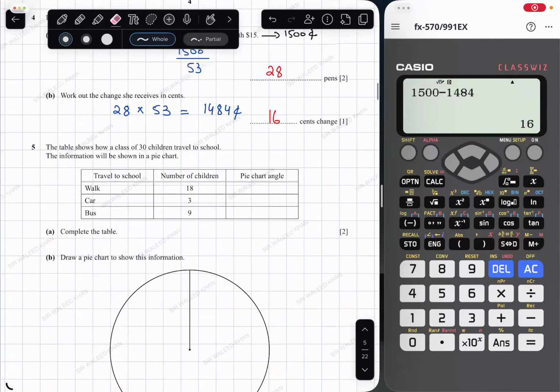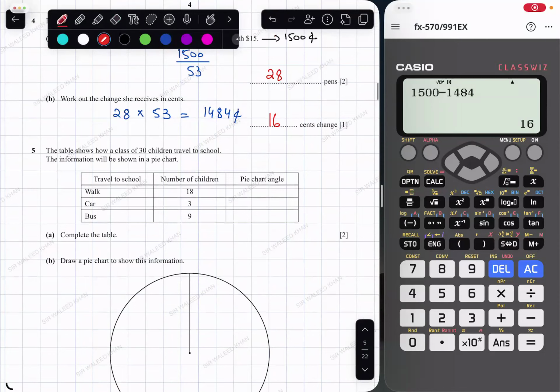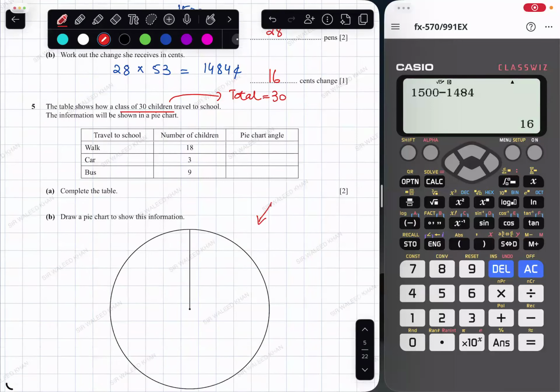They have given us one piece of information over here: the table shows how a class of 30 children travel to school. That means the total number of children are 30, and the total number of angles in a pie chart will be 360.